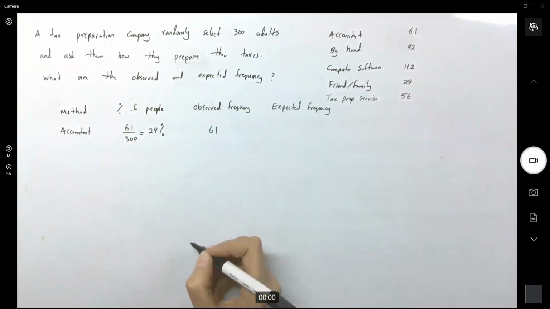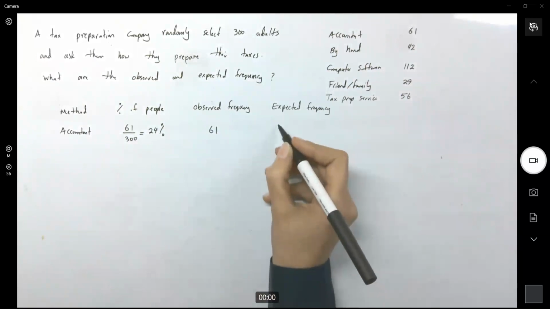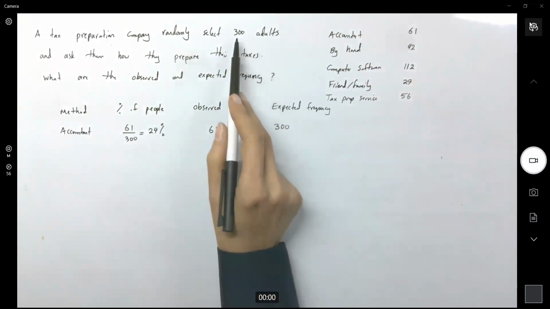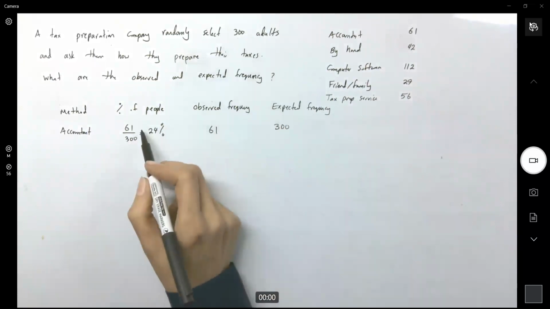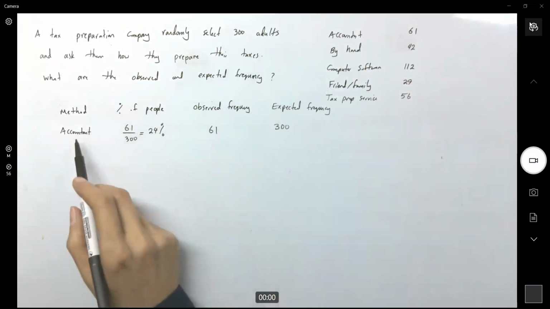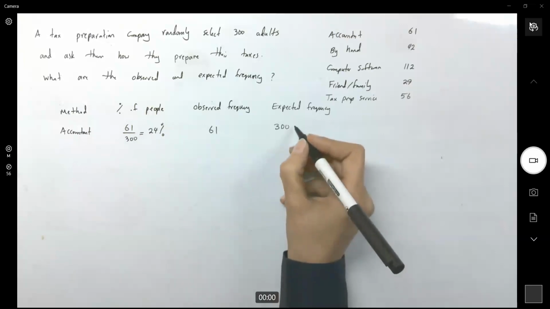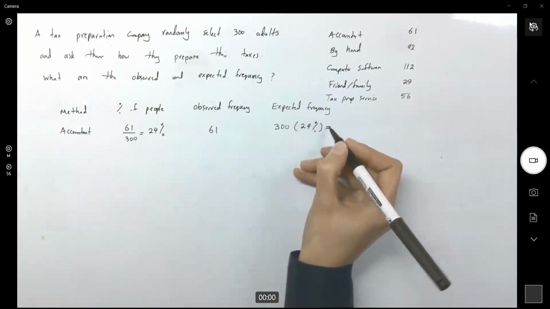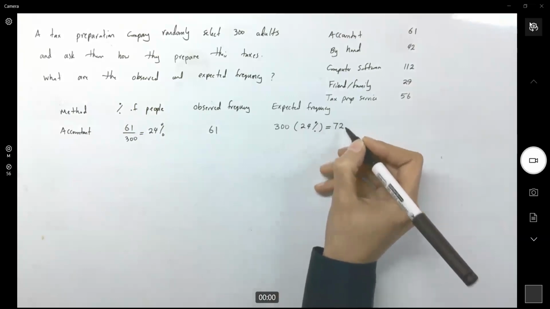For the expected frequency, what are we going to do? We're going to multiply the total number of adults participating here by the percent of people who are actually using accountants, multiplied by 24%. This is equal to 72.